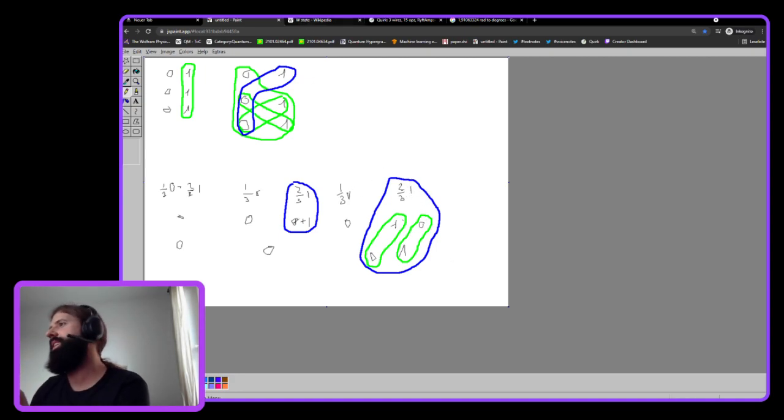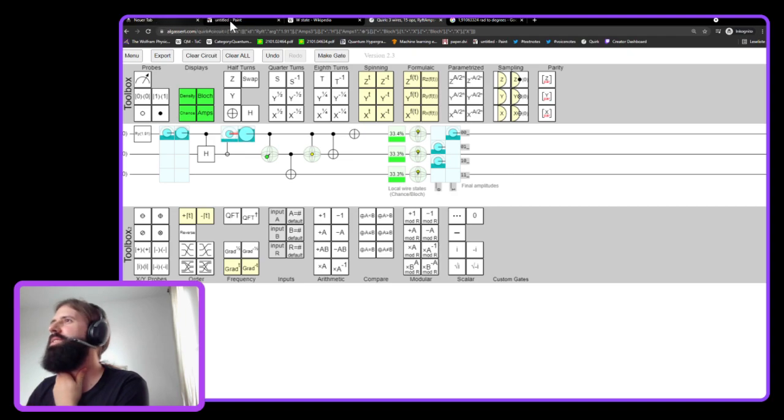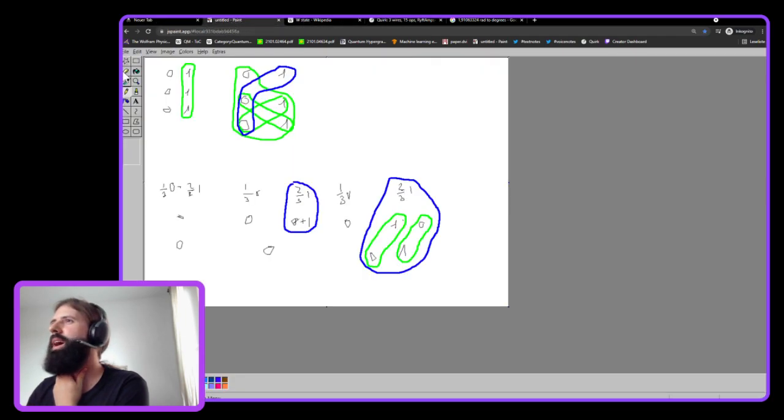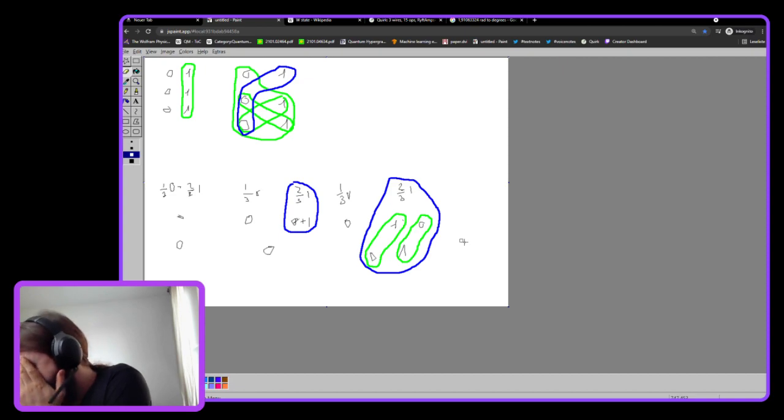And actually that's pretty cool, now it's an X gate. And so this means, bam, that's not needed. Oh, wait a second. This is wrong.